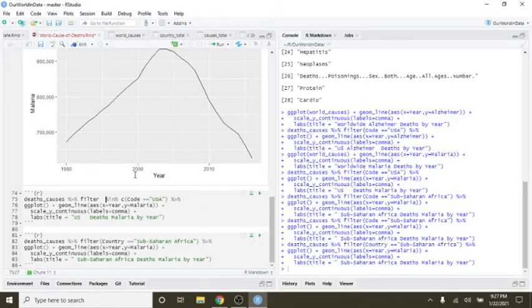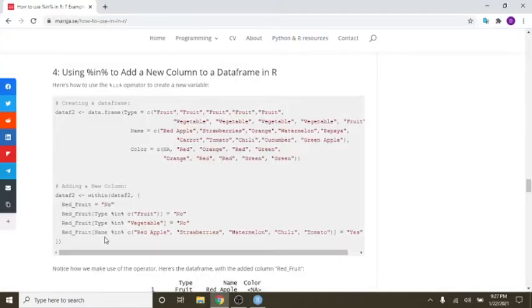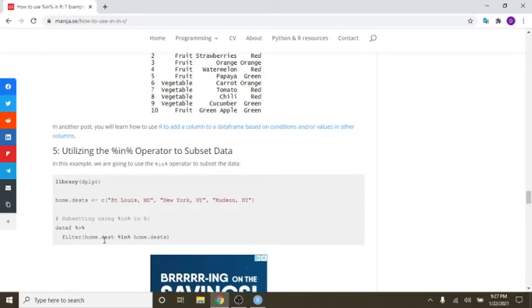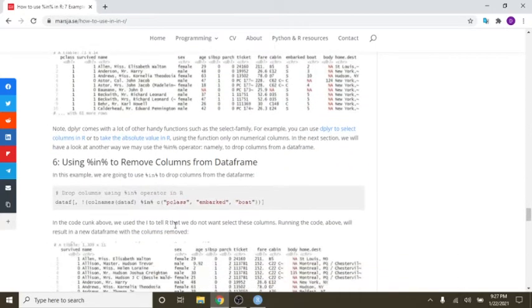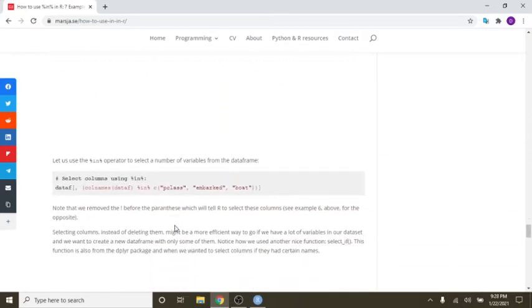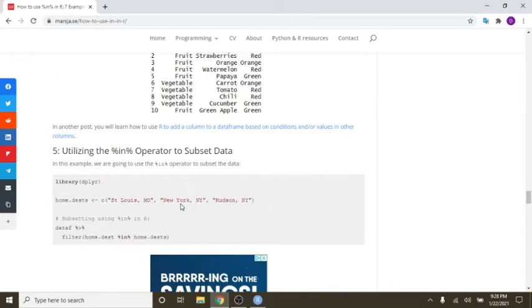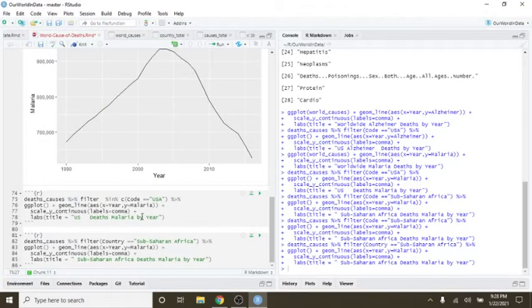Okay, let's try this. Filter in. So we're going to do the top 5.